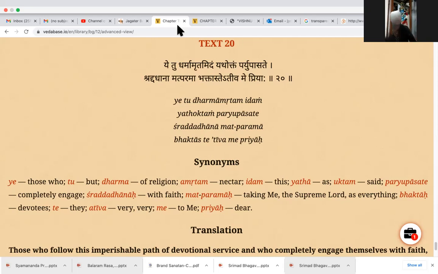Me priya. Me priyaha. Bhaktaste tiva me priya. Bhaktaste tiva me priyaha. Shraddhana mat parama. Shraddhana mata parama.